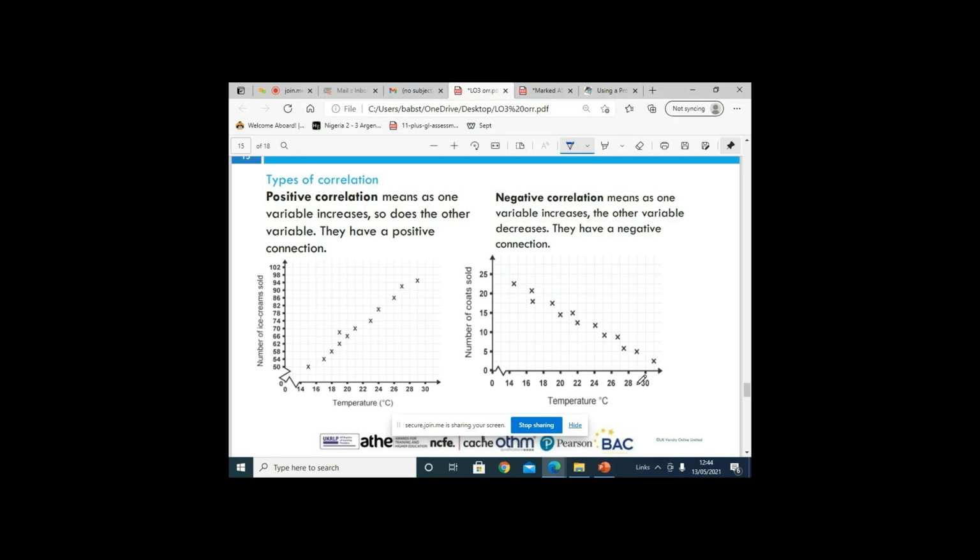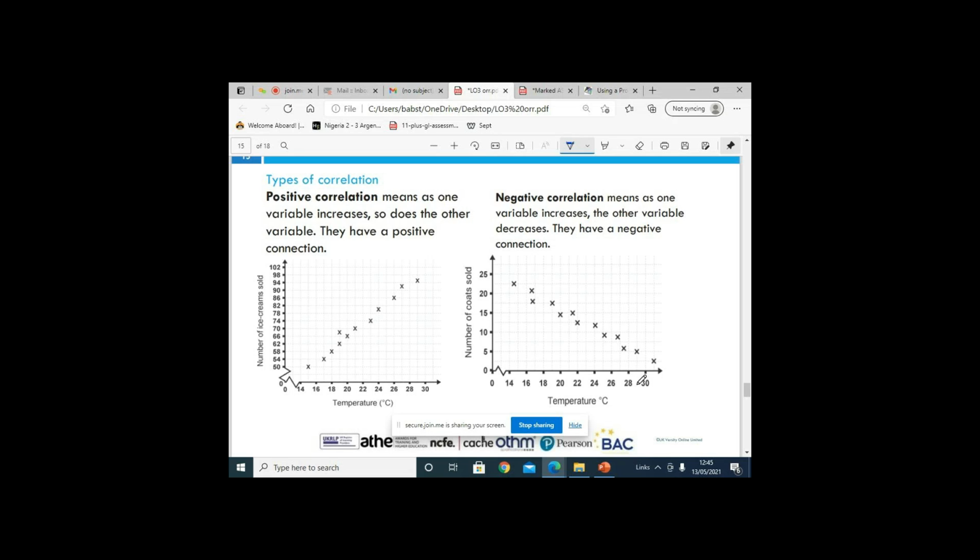If you leave your food without cooking or warming it, it's going to get spoiled. As days increase, it gets spoiled. So it's a negative correlation. When something is increasing and the other is decreasing, that is a negative correlation.